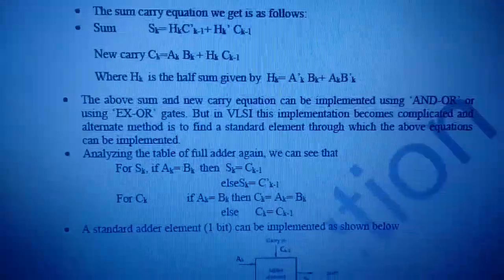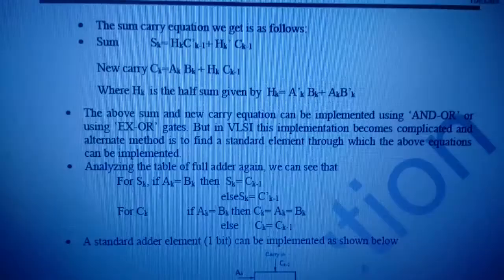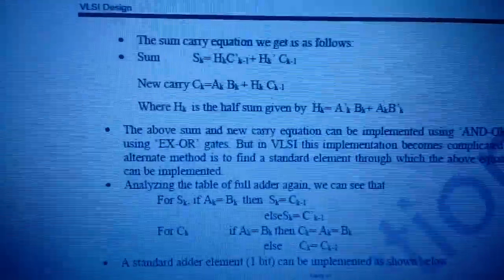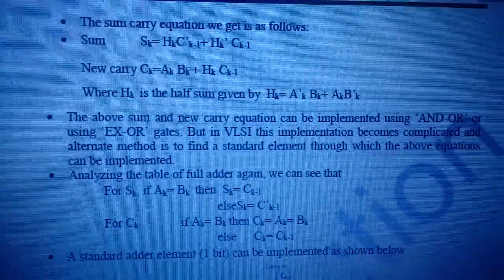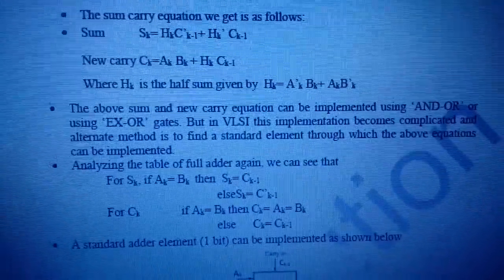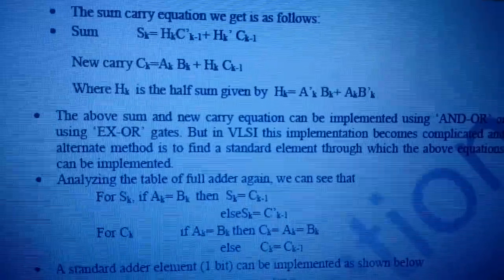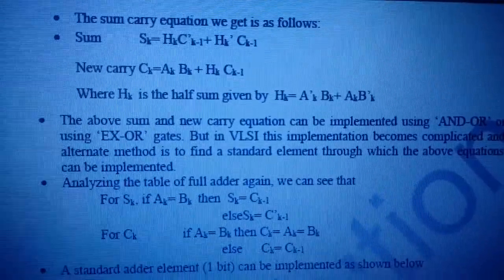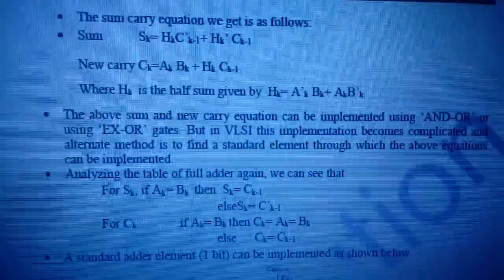Now you can see the sum and carry equations, which we get as follows. The sum equation is represented as SK equals HK CK minus 1 bar plus HK bar CK minus 1. And the new carry, represented as CK, is given by AK BK plus HK CK minus 1. What is the actual expression for sum?